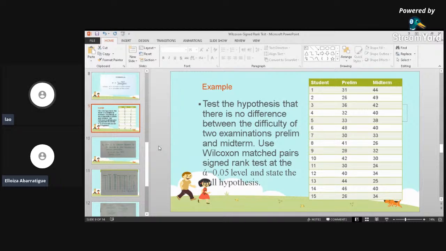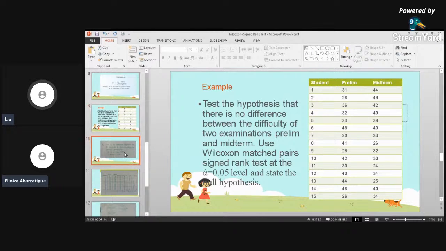So, kinuha namin yung final score nila sa prelim and midterm. So, what is our problem here? We're going to test the hypothesis that there is no difference between the difficulty of two examinations, prelim and midterm. Use Wilcoxon matched pair signed rank test at 0.05 level and state the null hypothesis.